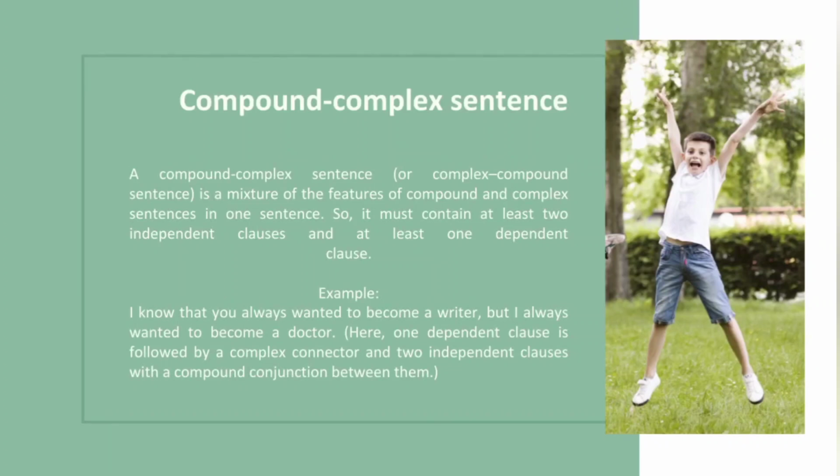For example, I know that you always want to become a writer, but I always want to become a doctor. Here, one dependent clause is followed by a complex connector and two independent clauses with a compound conjunction between them.